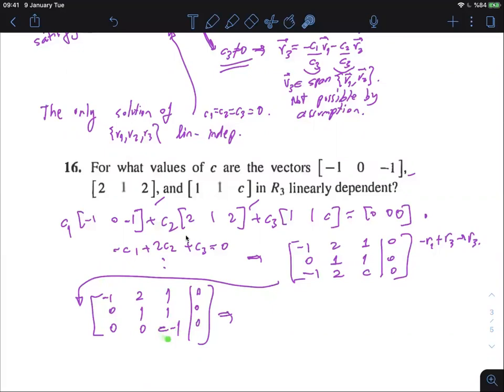Either this is 0 or this is non-zero. If this is non-zero, so let's say it is 9, then 9 times C3 equals 0 means C3 must be 0. If C3 is 0, C2 plus C3 equals 0 means C2 is 0. If C2 and C3 are 0, then the first line means C1 is 0.